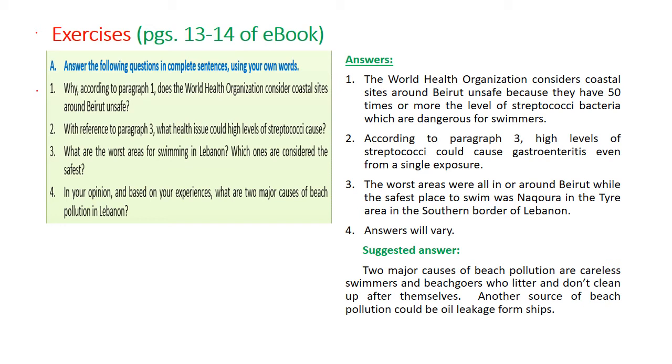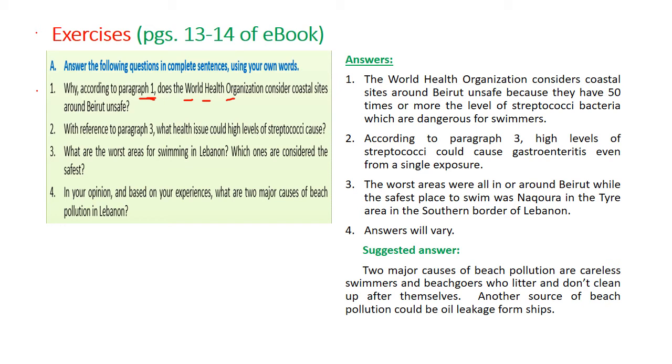Let's start with question number 1 in A. Why, according to paragraph 1, here I referred you. This is called a referential question. I refer you to a paragraph to pick the answer. Why, according to paragraph 1, does the World Health Organization, WHO, consider coastal sites around Beirut unsafe?